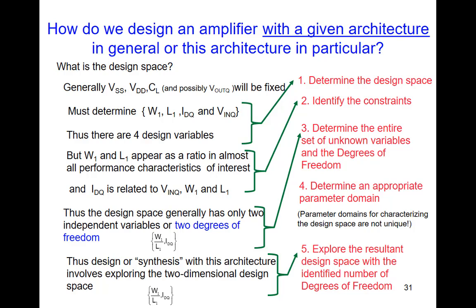Of course, we may be constrained. W over L may not be able to get over so small. IDQ may not be able to get over so small, or may not be able to get over so big. W over L, I guess, can probably be arbitrarily big. So our realistic design space that we might want to explore might look something like this.